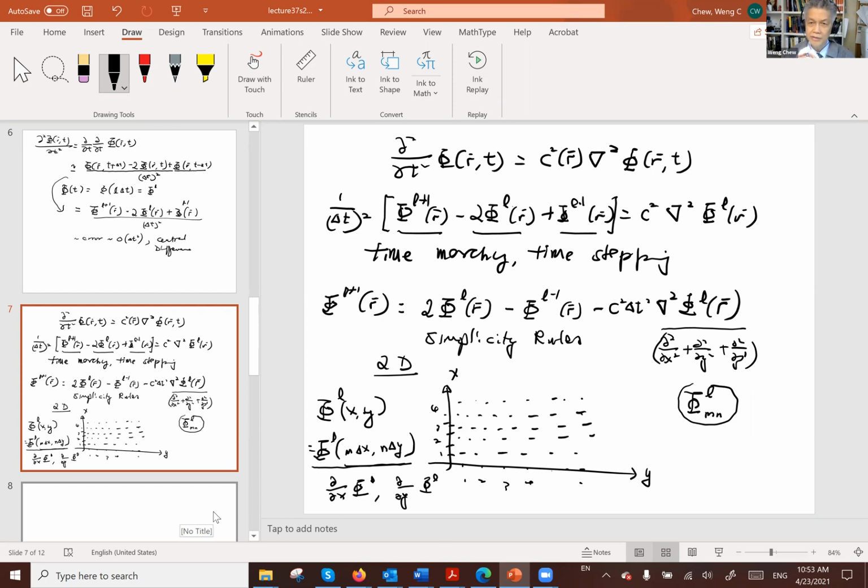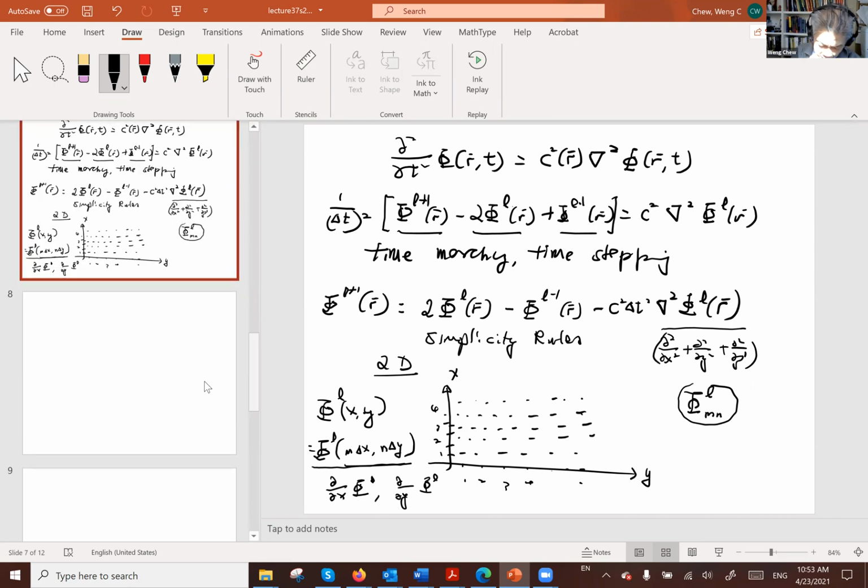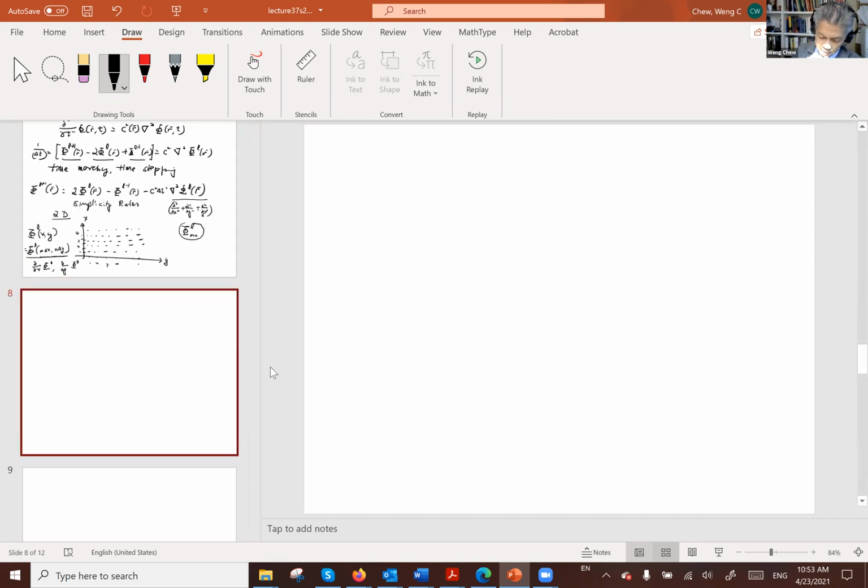Well, this method is useless unless it is stable. That is, as you march forward in time, the field solution is bounded and does not grow with time. So the next important notion that we have to understand is the stability, okay, stability analysis.